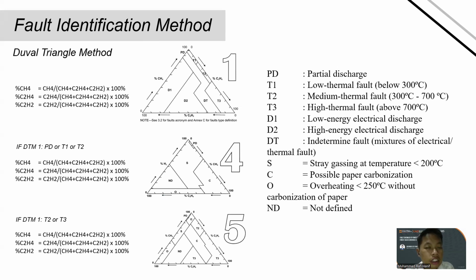So the fault identification method that we use in this journal is the fault triangle method. There are three fault triangle methods, such as fault triangle method 1, fault triangle method 4, and fault triangle method 5. For the first step, we have to use fault triangle method 1 to identify the fault that occurs on the transformer.